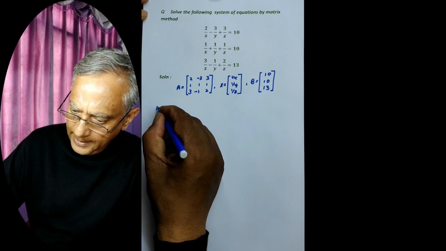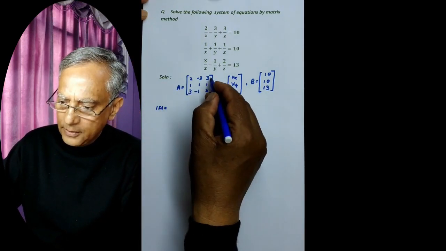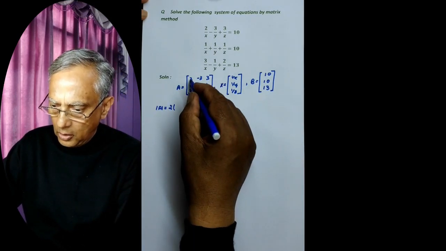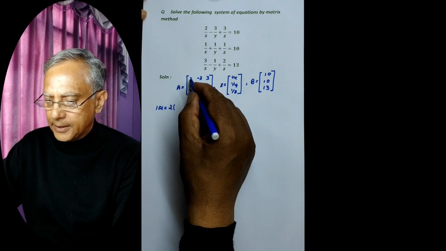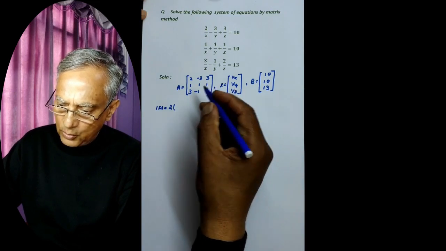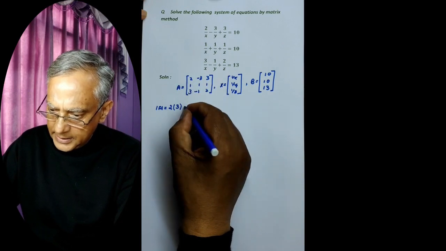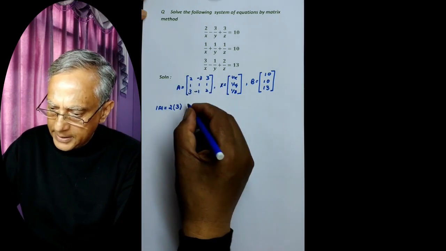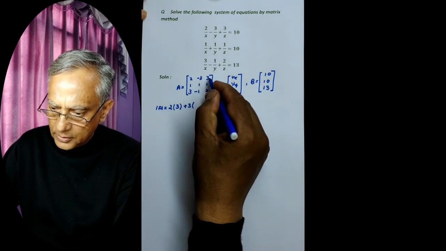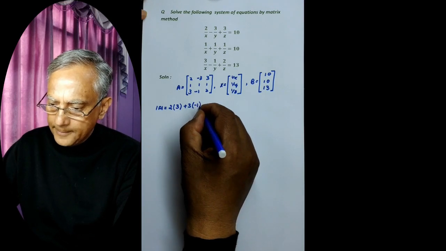Now determinant of A is equal to, now expand it by first row. This will be 2 into, now delete the row and column in which this entry occurs. 2, this 2 minus minus plus 1, 2 plus 1 is 3. Next is, this is plus, this will be minus. So minus minus plus 3 into, this is gone, this is gone, 2 minus 3, 2 minus 3 is minus 1.